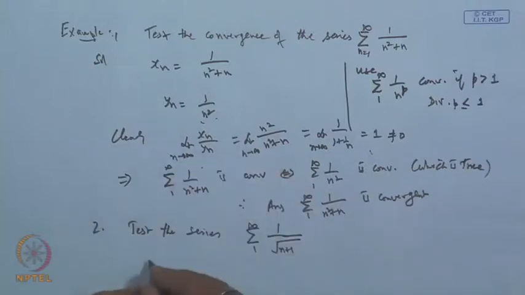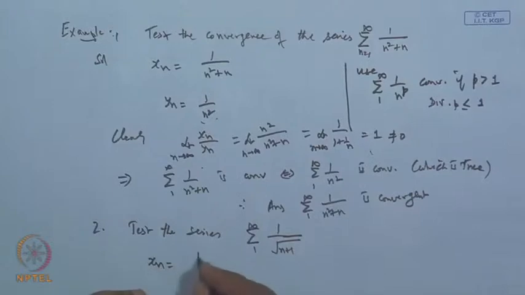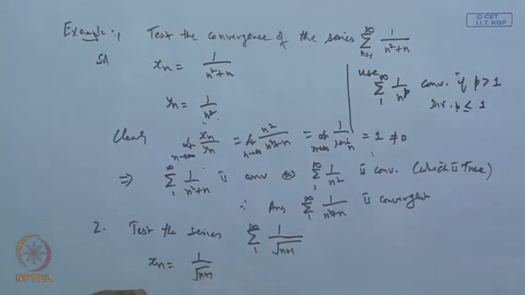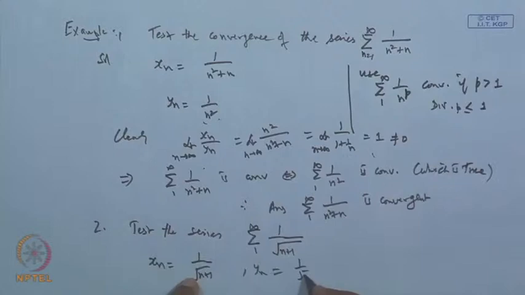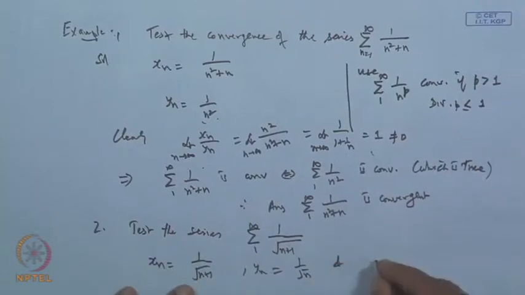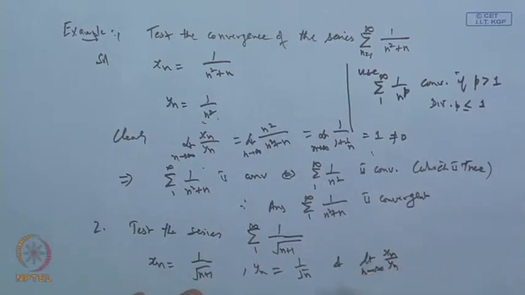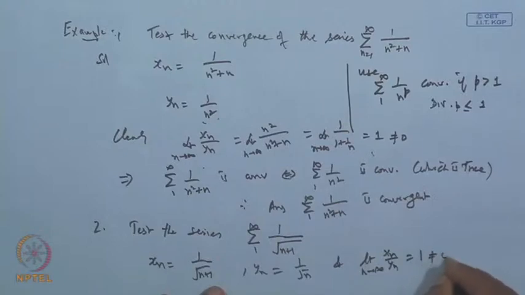So, let us choose x n as 1 over root n plus 1. Then for y n, you take the term with the highest power, and when you take it outside it becomes 1 by root n. If I take this, the limit of x n over y n will come out to be 1, which is different from 0.